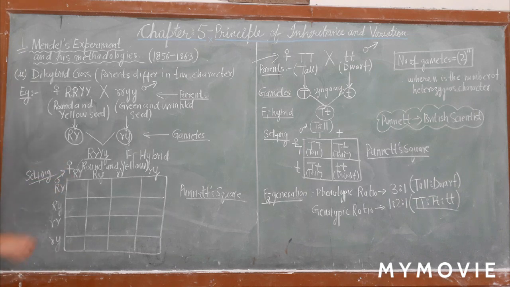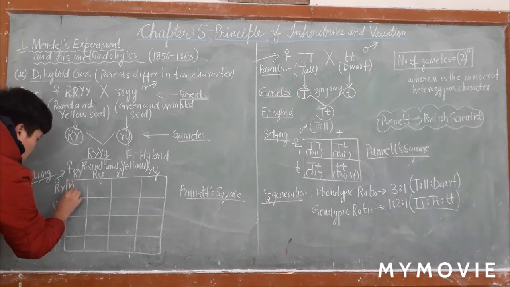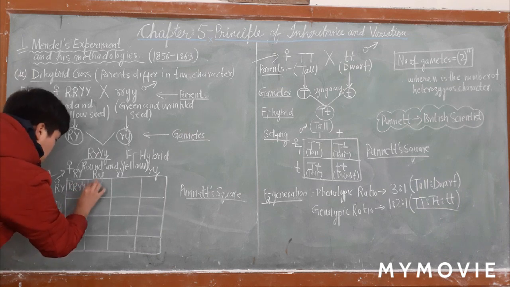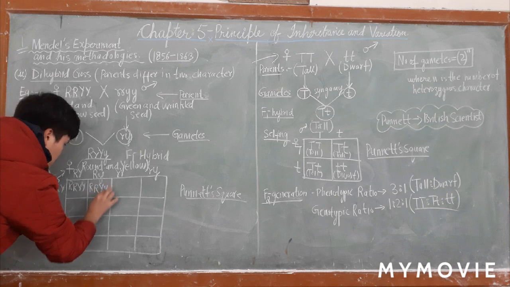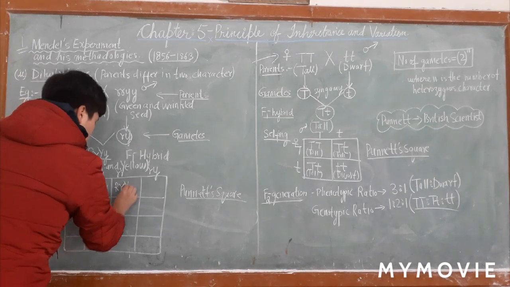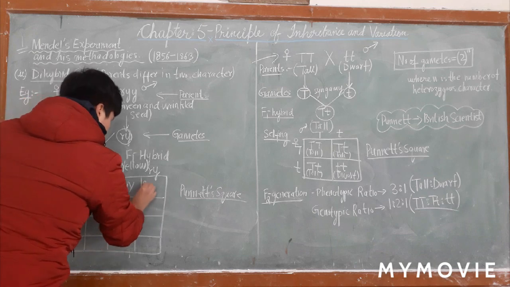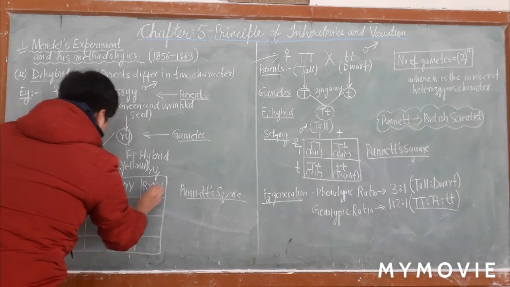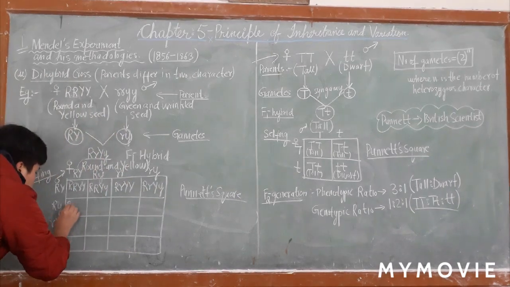Now the cross theoretical. So capital R, Y, small y. Then R, small r, Y, capital Y, R, small r. So capital R, small r, capital Y, Y. So again, similarly, you have to fill these things.